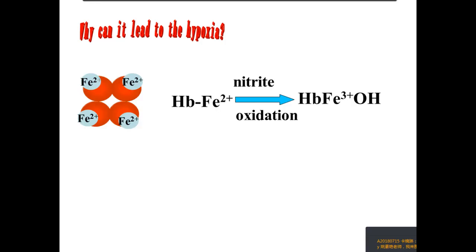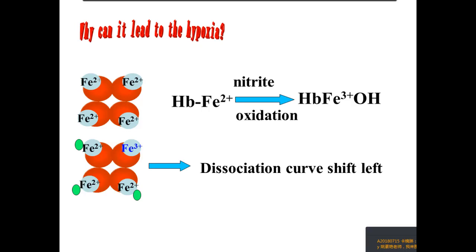Now, nitrate poisoning. Nitrate is an oxidizer, so it can change the ferrous state of hemoglobin to the ferric state and form methemoglobin. Because methemoglobin can't carry the oxygen, nitrate poisoning leads to hypoxia. This is the first pathogenesis. Now, one hemoglobin has 4 ferrous states.